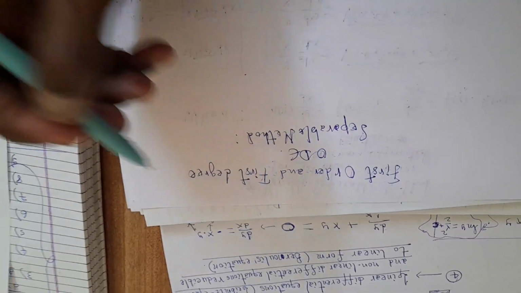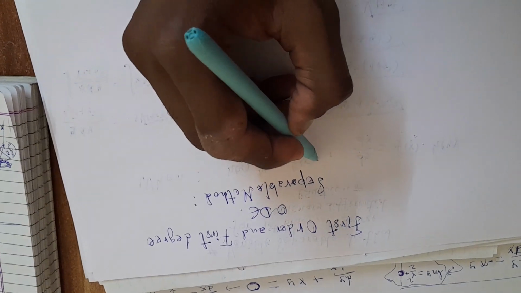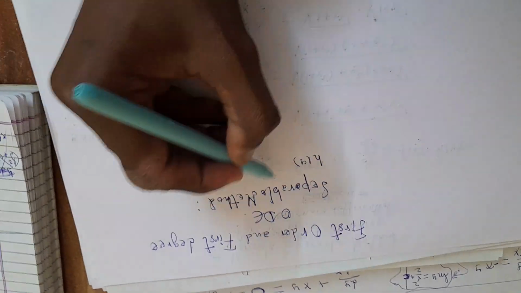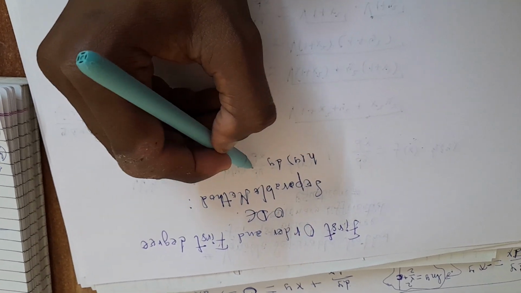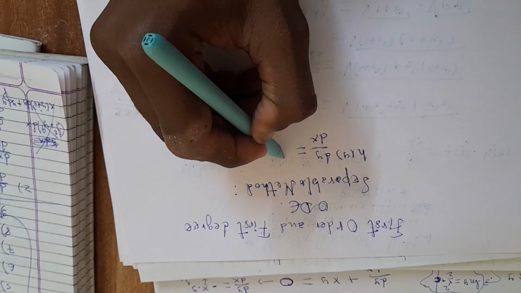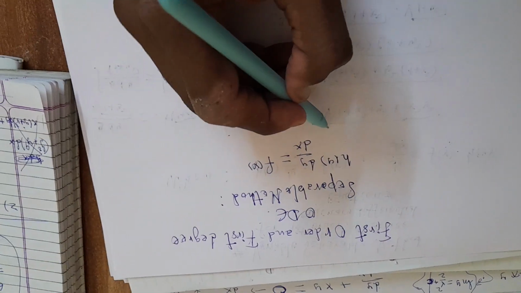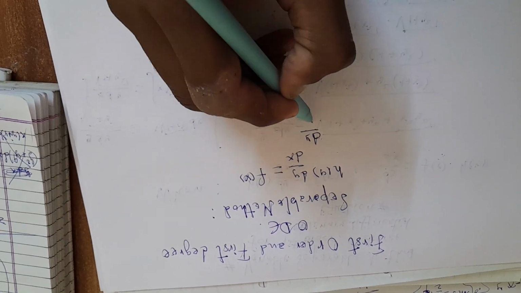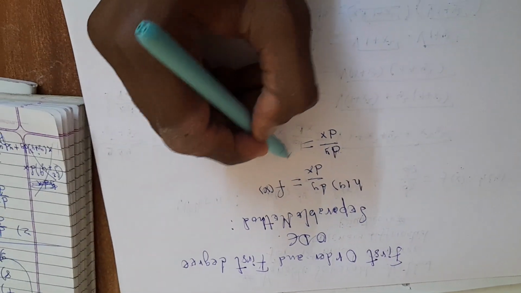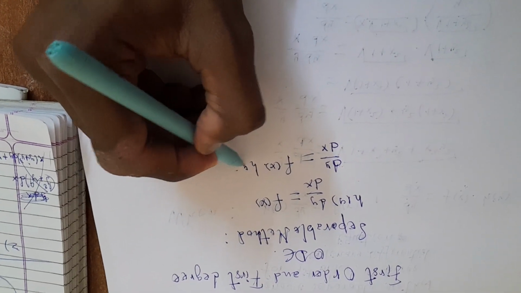Only if it can be reduced to this form: h of y dy/dx equal to f of x. Or you can say this expression is the same as dy/dx equal to f of x times h of y.